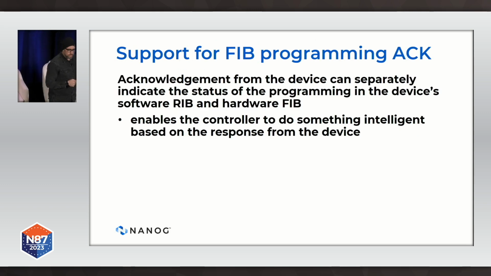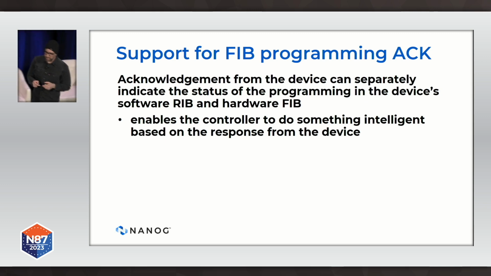We can also get both RIB and FIB ACKs. So we can get some acknowledgement from the device that yes, this entry or this action that I took from a RIB perspective has been installed. We can also extend that, and we can get some actual validation that whatever entry we installed into the hardware is actually in the hardware.